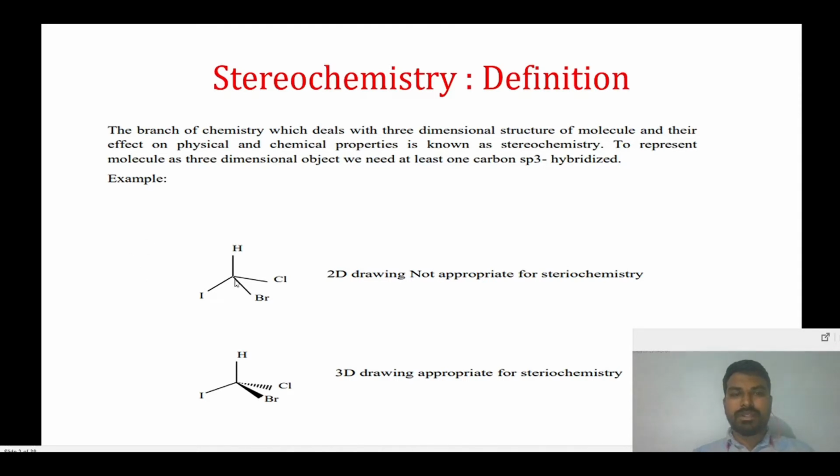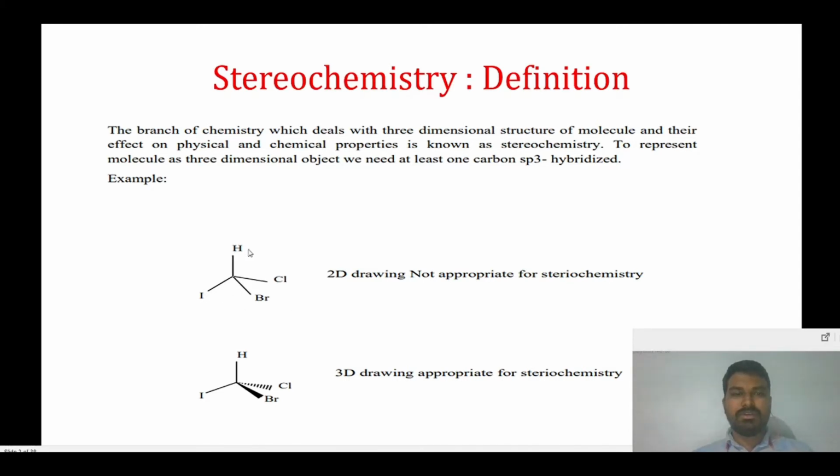This is the central atom that is bonded to four different groups: hydrogen, iodine, bromine and chlorine. But in stereochemistry we need a 3D object, meaning the molecule must be presented in 3D view.